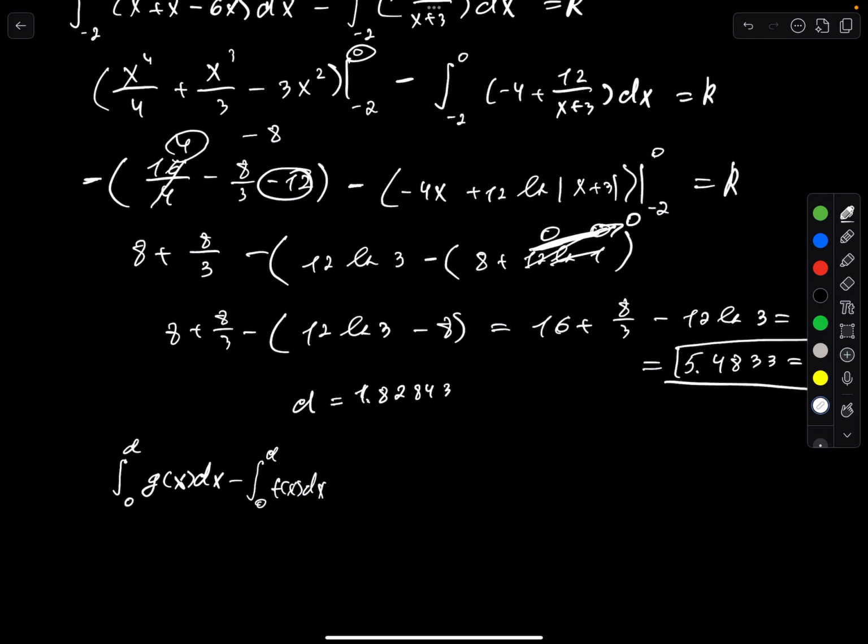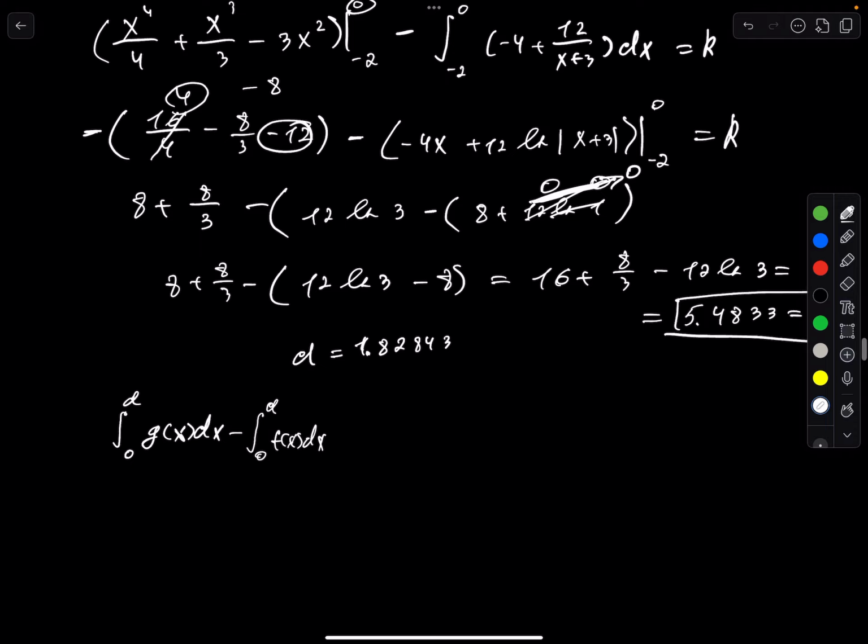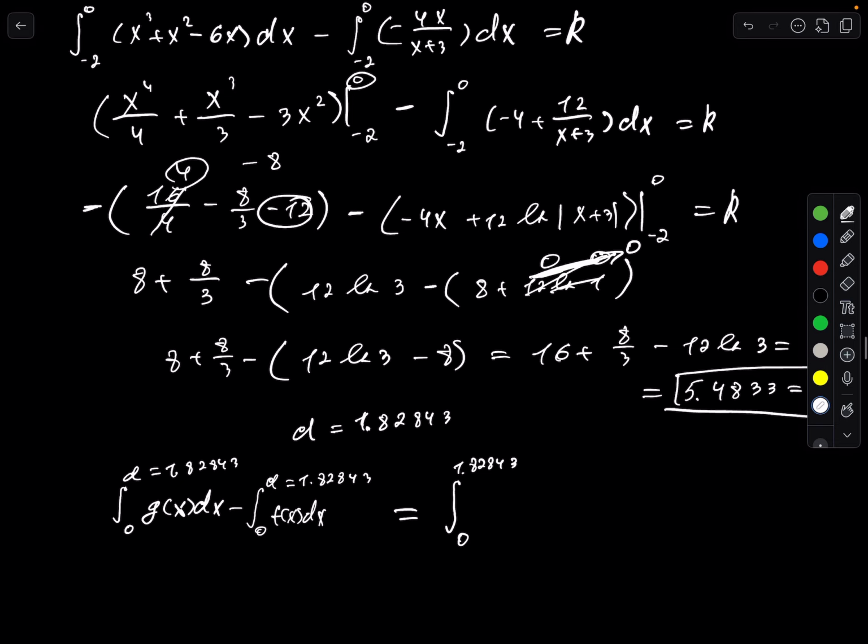So d is equal to 1.82843. The same thing here. So what is this equal to? So the integral from 0 to 1.82843 of g of x. What is g of x?